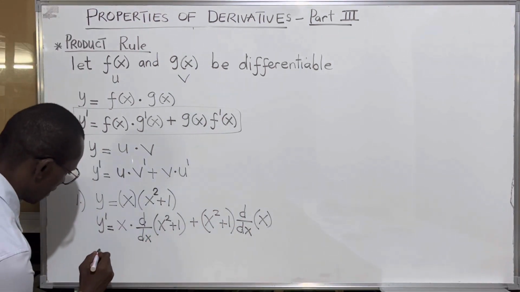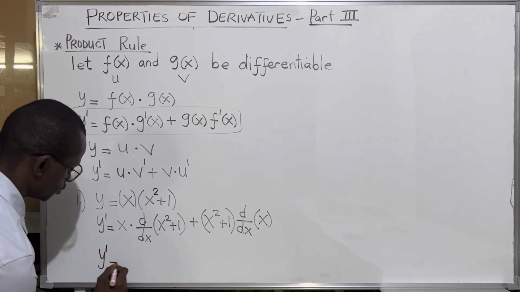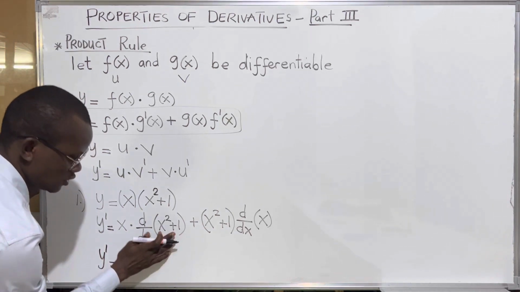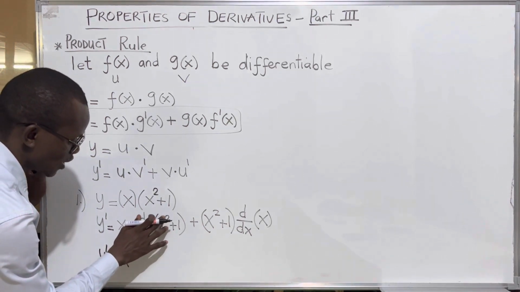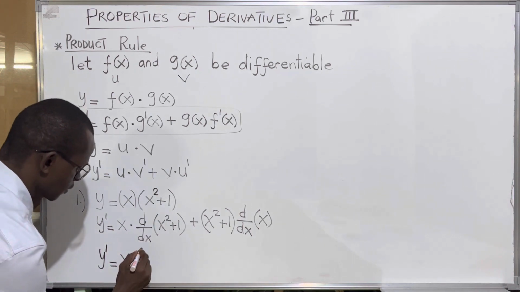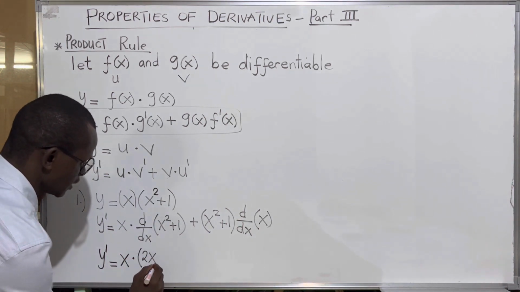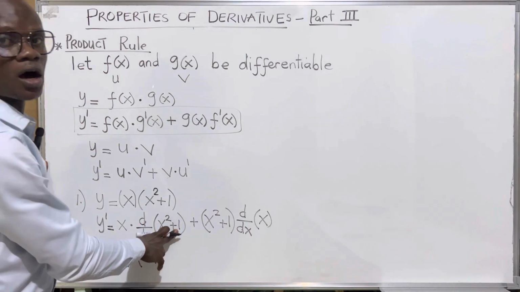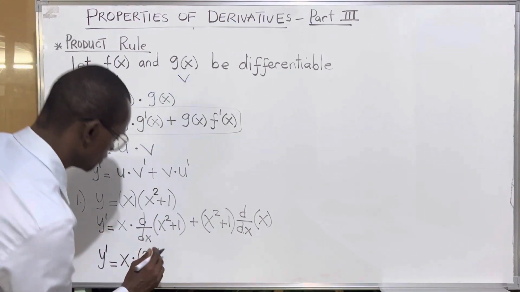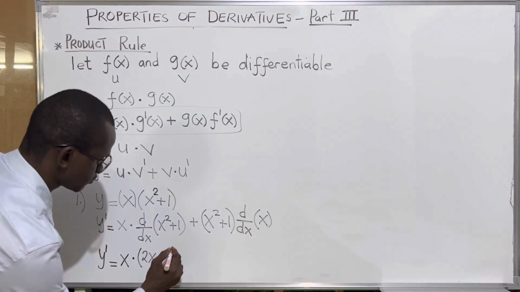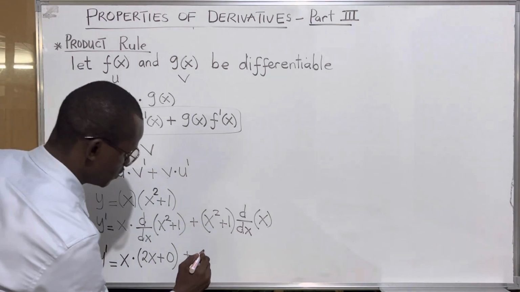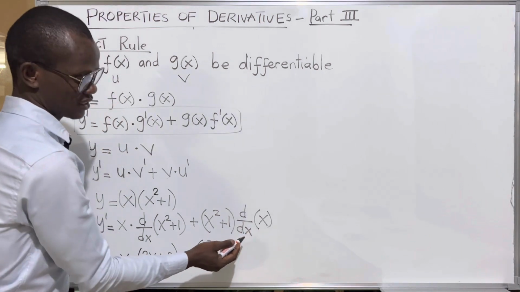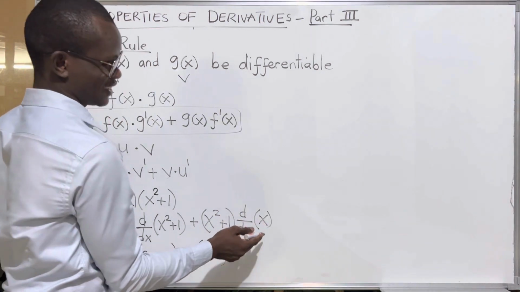So now we have y prime to just be equal to, this is x, so we hold this x. This is what we're differentiating. The derivative of x squared, you bring the 2 down, 2x, then you subtract 1 from the power, which is just 1. And we told you the derivative of a constant is equal to 0. So this will just be 0. Plus, we rewrite this x squared plus 1, and we differentiate x.